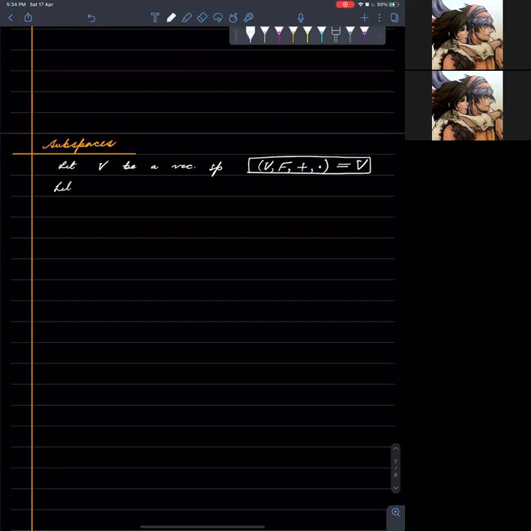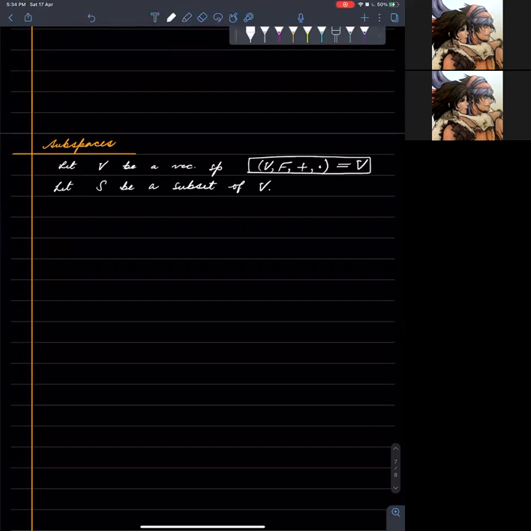Let S be a subset of V. Now we want to define the notion of a subspace. So we would like to call S a subspace of V if it becomes a vector space in its own right in a natural way.